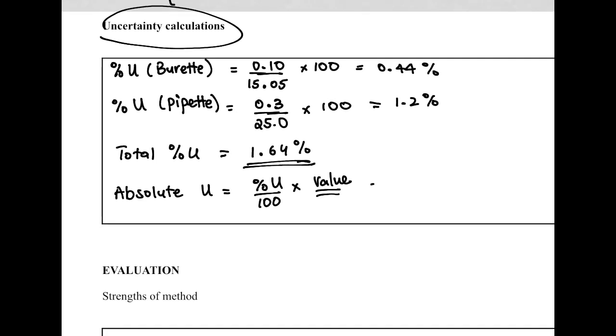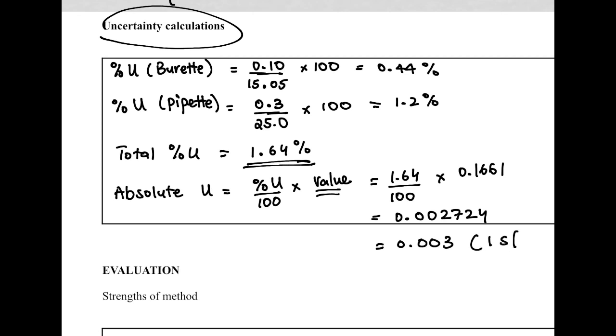So this is going to be 1.64 divided by 100 times the value of the concentration that I got. Now, this is the important part here. This is very important. This absolute uncertainty should always be to 1SF. So I'm going to rewrite this as 0.003. This should always be to 1SF.